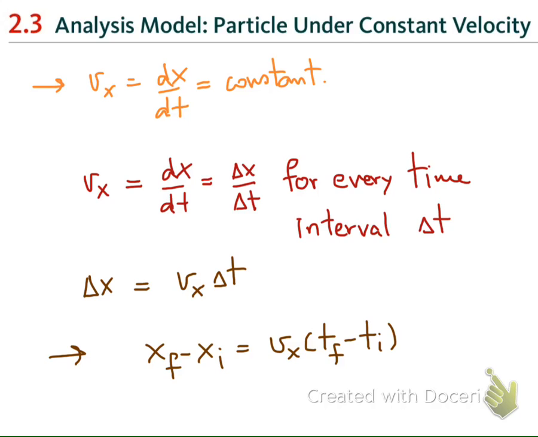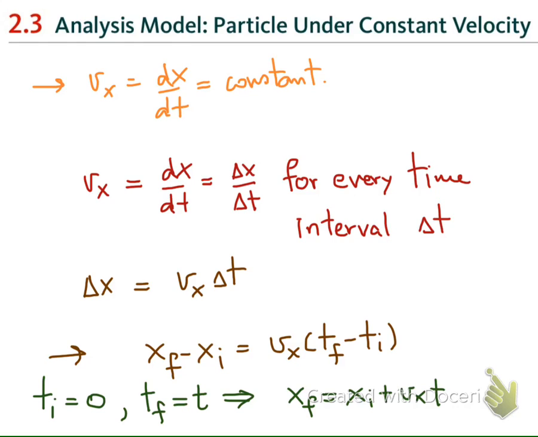Usually we can choose Ti to be 0, and we will write Tf as just t. We will have that xf is equal to xi plus Vx t. So this is the equation of motion for a particle moving under constant velocity.